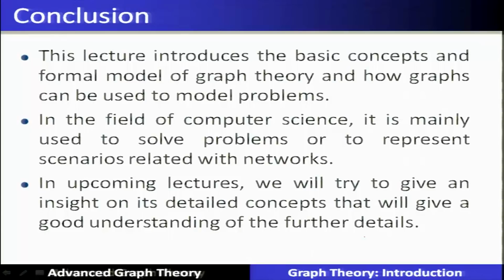In computer science, graph theory is mainly used to solve problems or to represent complex scenarios, and most of these scenarios evolve towards a network, and hence are represented in a simple form, that is a graph. You can illustrate it, view it, do the analysis, and solve the problems underlying those applications.